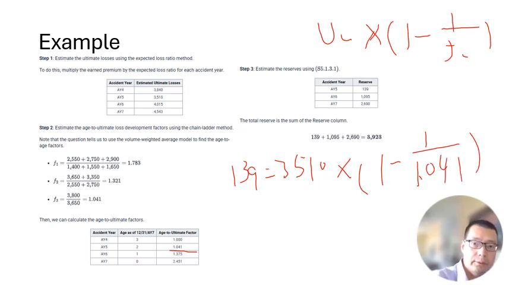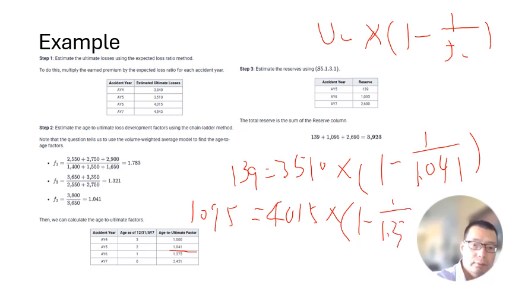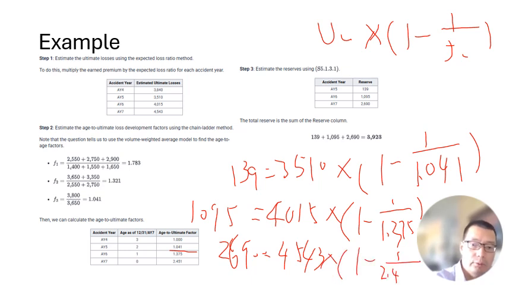And similarly, 1095 would be 4015 times 1 minus 0.7. And the last one is 2690, which comes from 4543 times 1 minus 2.451.